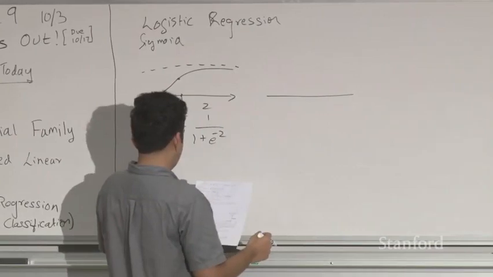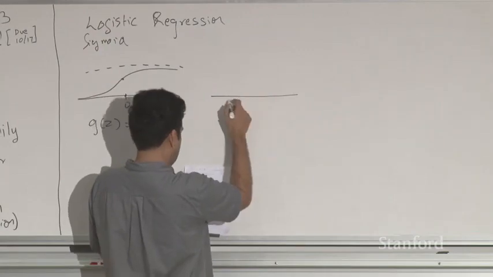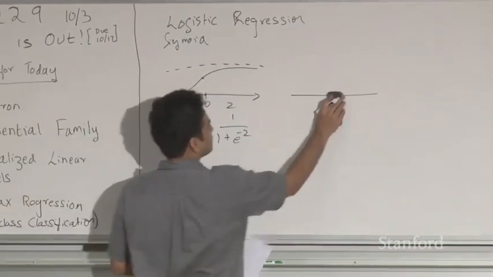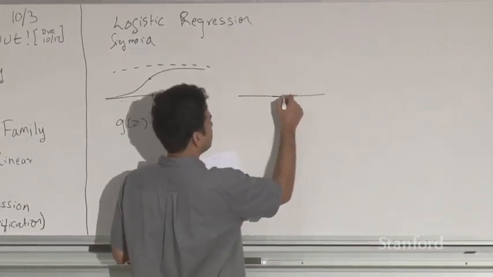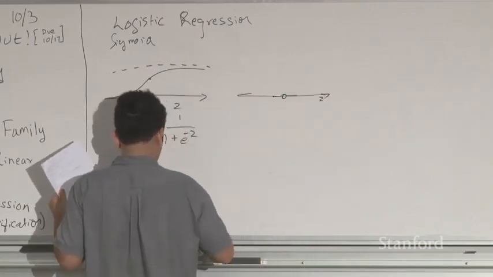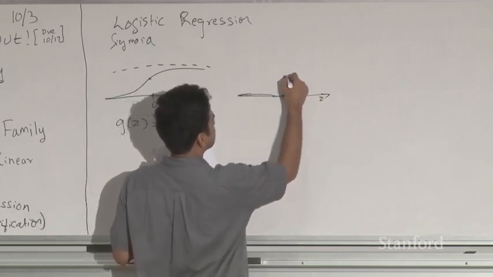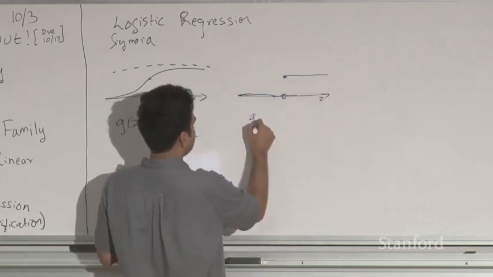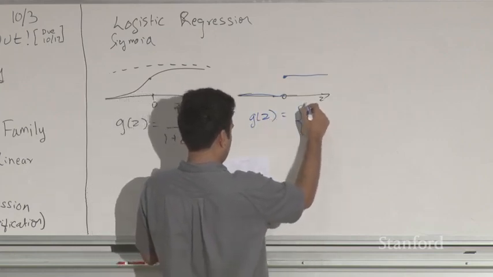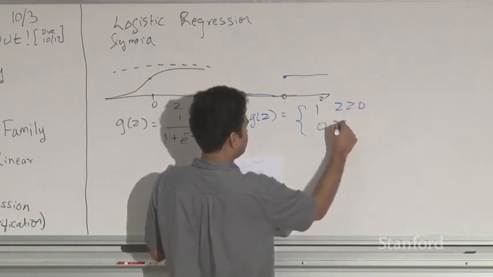The Perceptron algorithm uses a somewhat similar but different function. Let's say this is z. g of z in this case is 1 if z is greater than or equal to 0, and 0 if z is less than 0.